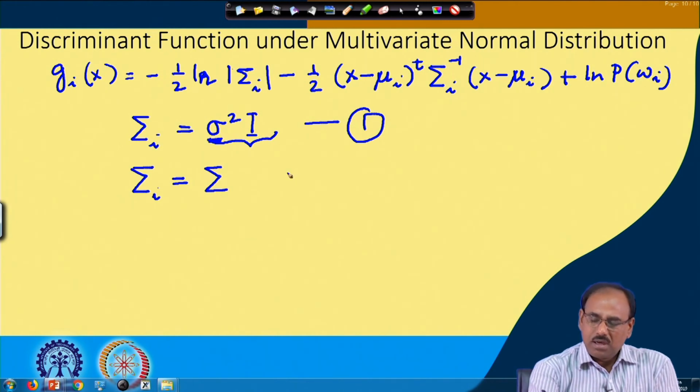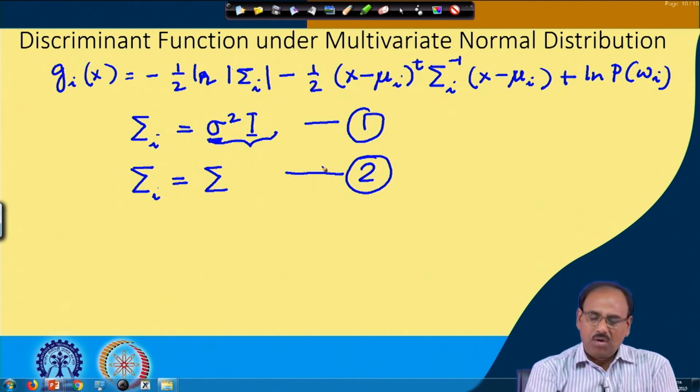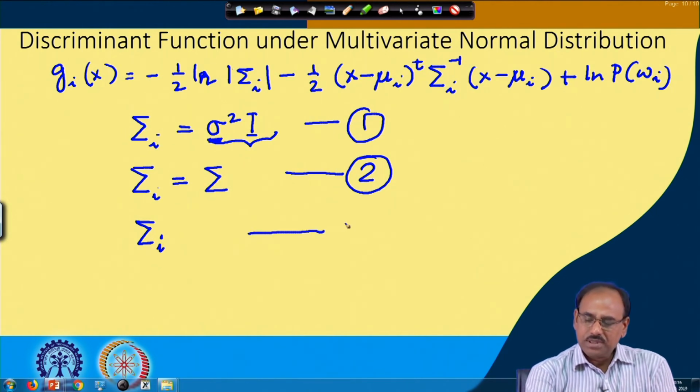So, this is a simplified condition, condition 2. And the third one is the most general case, where every class will have its own covariance matrix. That is, the covariance matrix of one class need not be the same as the covariance matrix of other classes. So, that is the most general case, which is case 3.